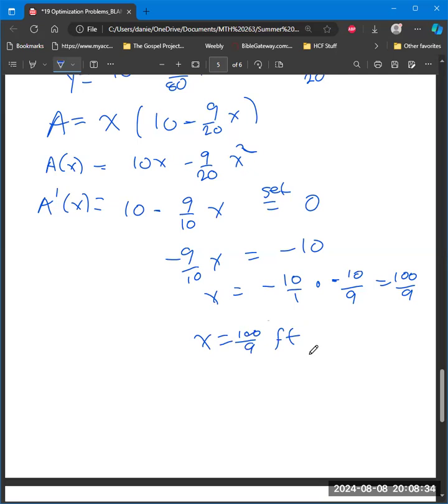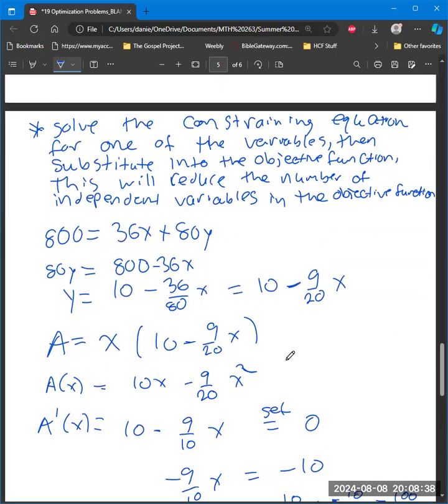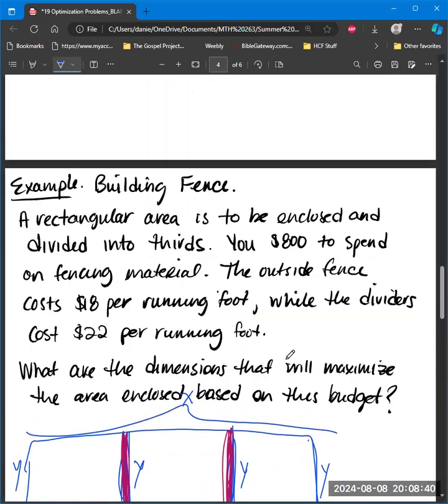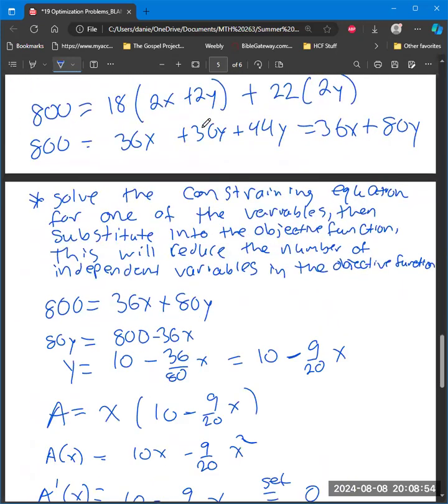Okay. Are we done with the problem? No. What's the problem asking for? The problem is asking for the dimensions, plural, that will maximize the area. So what are the dimensions, plural?